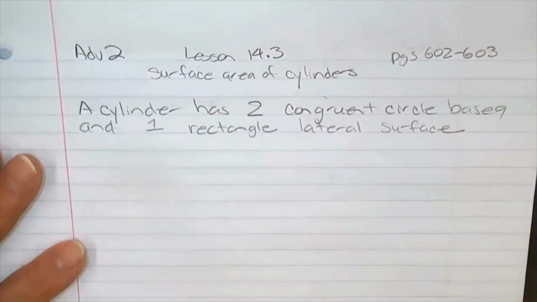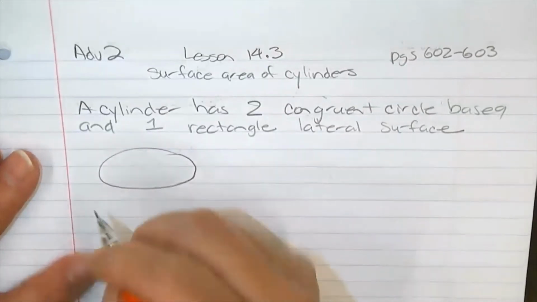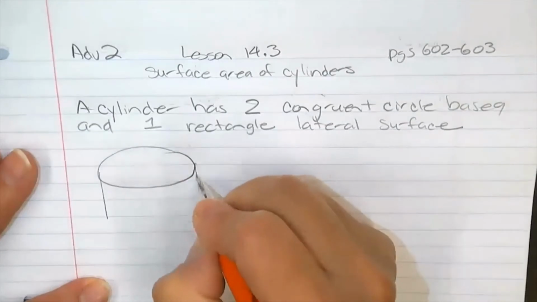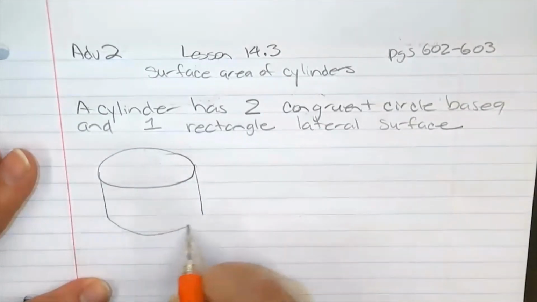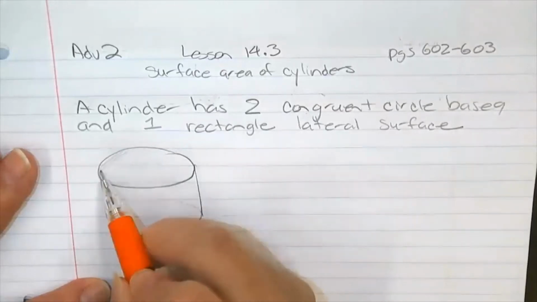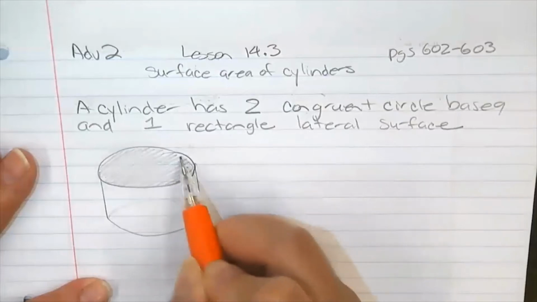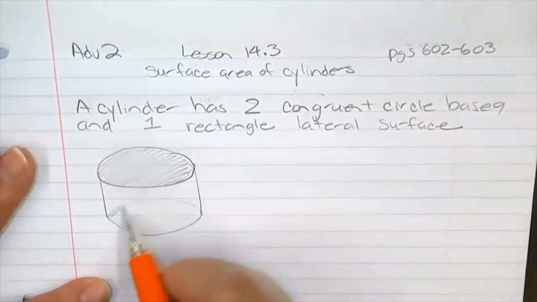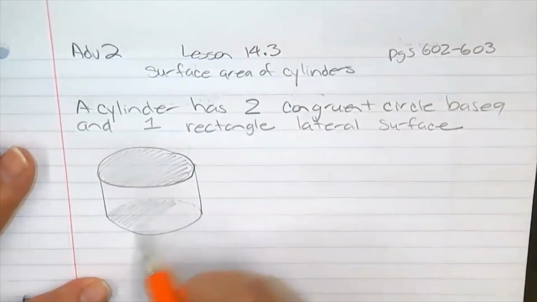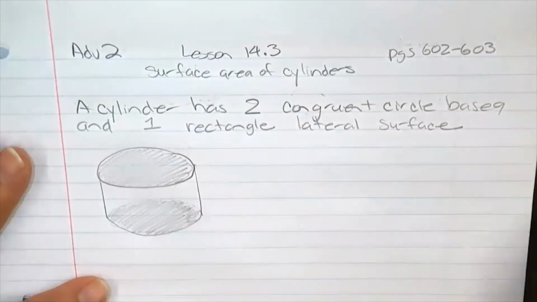Okay, so let's draw that. Okay, so this is a cylinder. And we've got one circle base. And here is the second circle base. We have two circle bases.